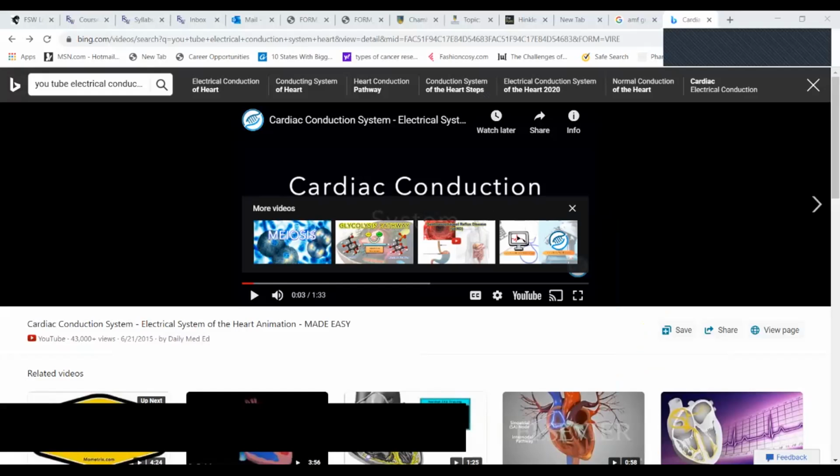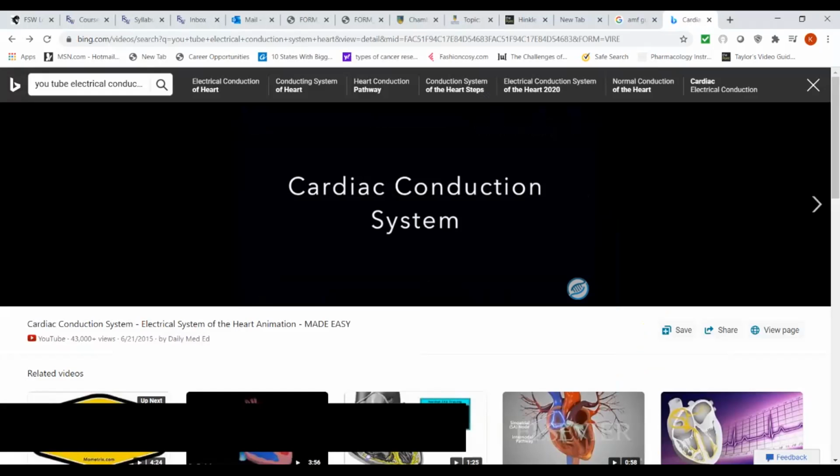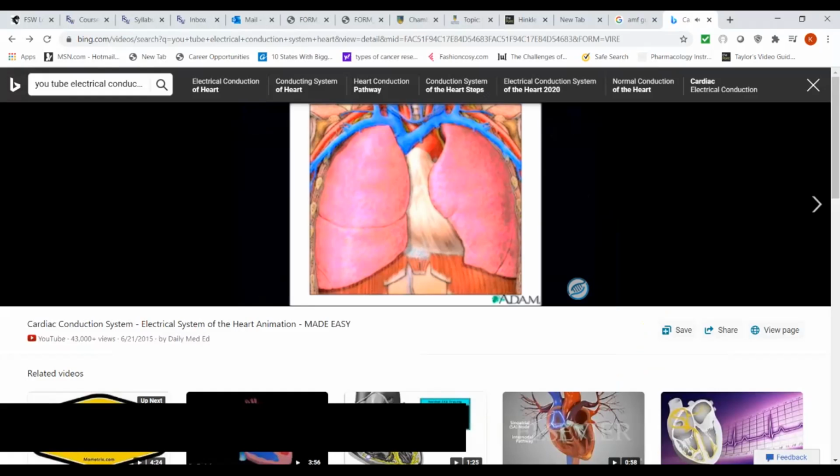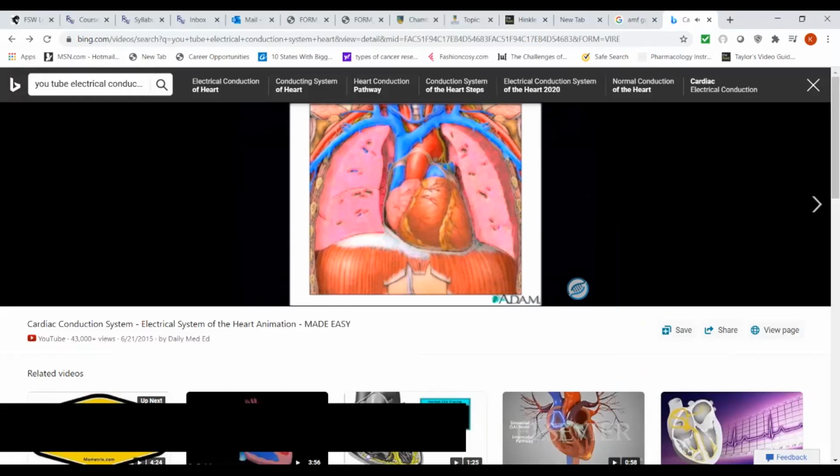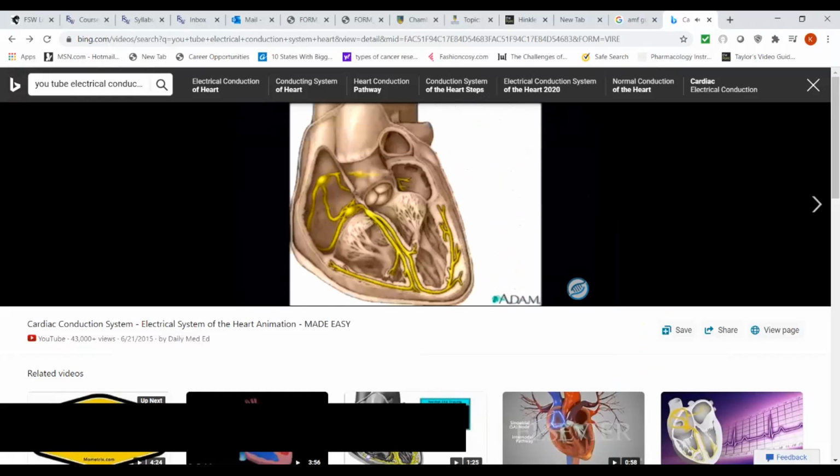So here we're going to look at the cardiac conduction. Let's take a closer look inside the heart. The yellow objects you see on the left are not nerves. They're actually specialized cardiac muscle cells in the walls of the heart. Their job is to send signals to the rest of the heart muscle and cause a contraction.